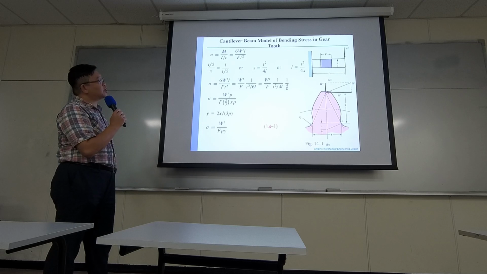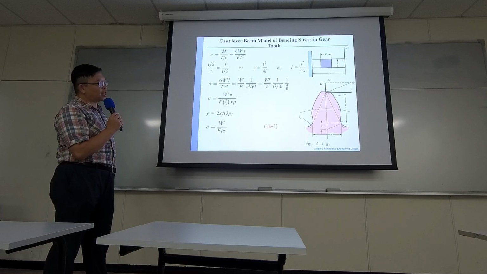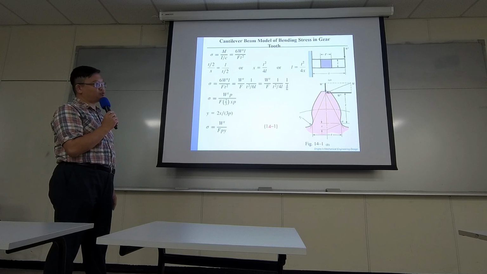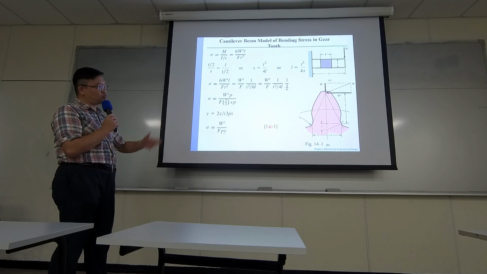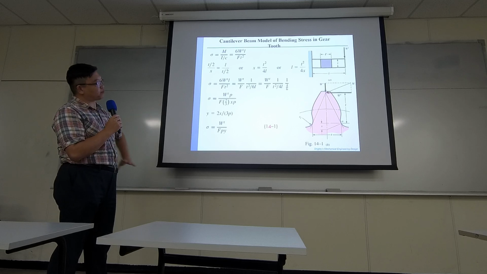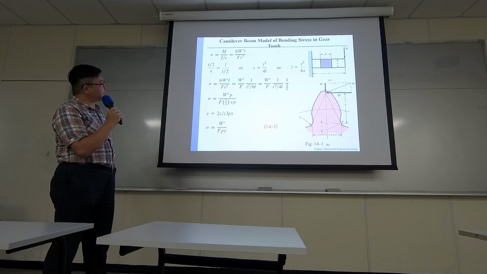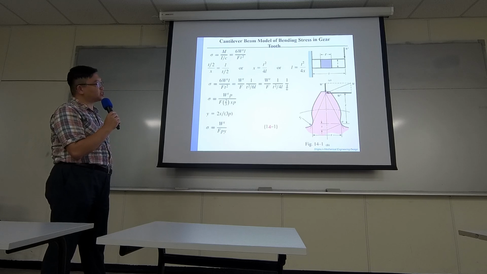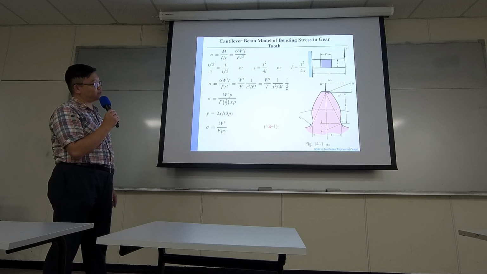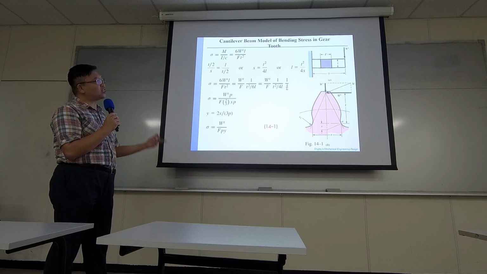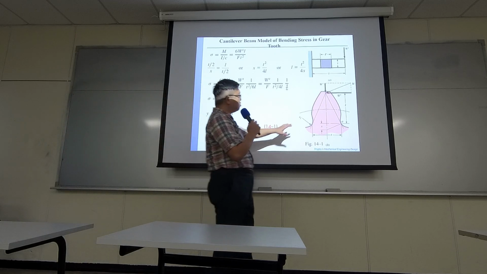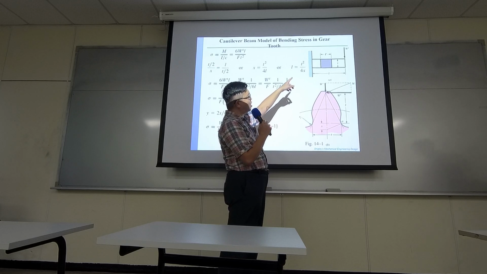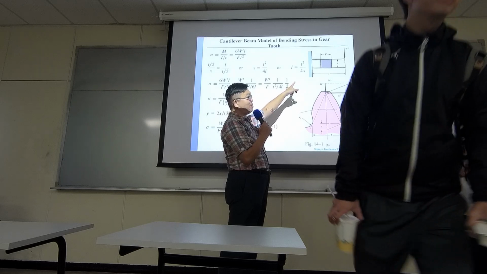So there's one way to estimate the stress distribution inside the tooth, by this method. Someone called Lewis defined this Lewis factor. What he did was he simplified this complex geometry into a rectangular beam.